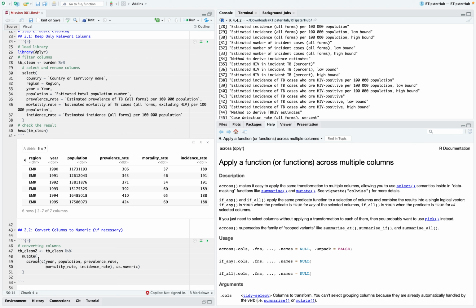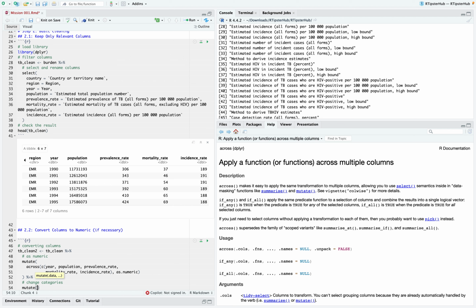And then the other thing we wanted to also do as numeric, I'm not sure if it's necessary because I see the double format can be used interchangeably with numeric. So change categories, we say region. So mutate.